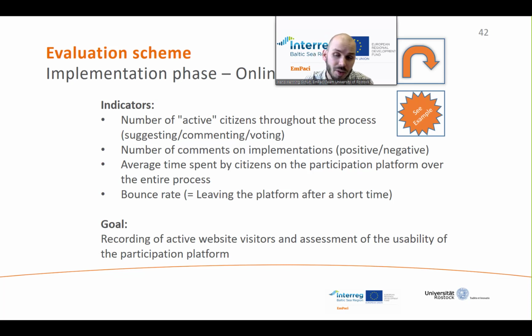Then if there's a high controversy of some proposals, are there comments on the implementation of such proposals, positive or negative? So really evaluate the implementation phase of the project that is discussed online. For the Bützow case, we put it in the implementation phase because it's the overall evaluation of the website.